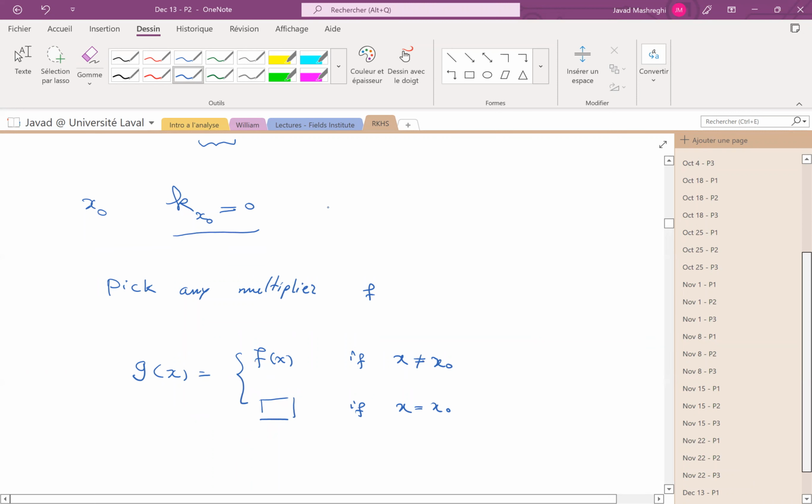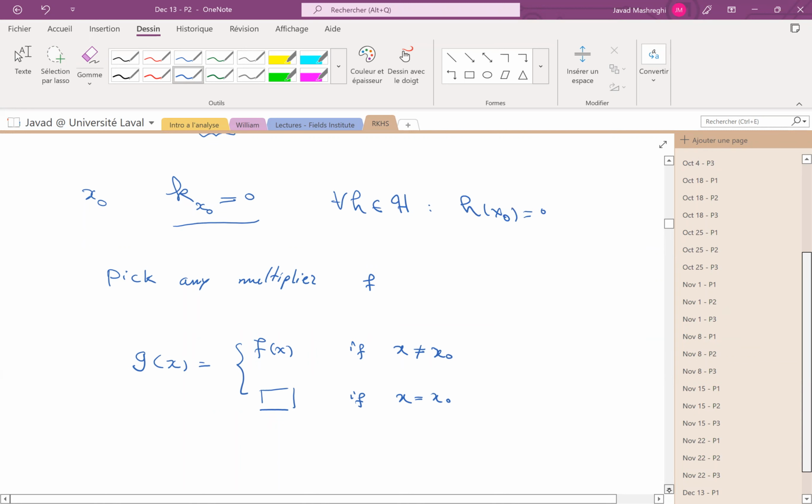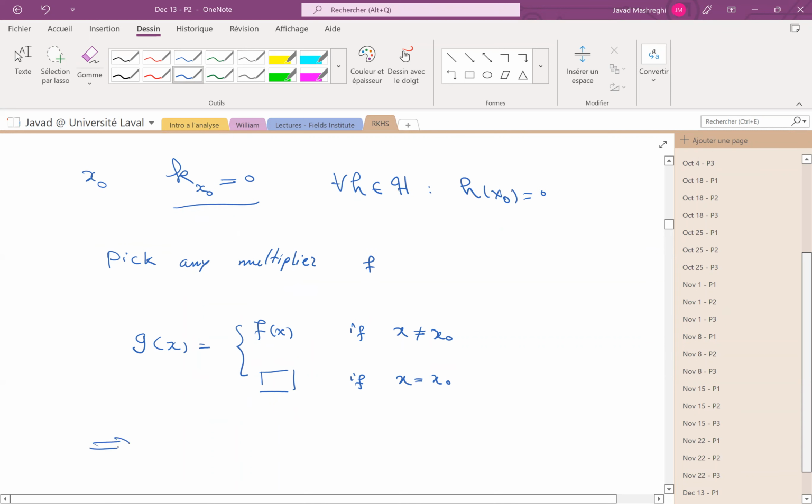because for any h in this space, h at point x0 is equal to 0. And therefore gh is the same as fh for all x. If x is not equal to x0, they are the same, and if x is equal to x0, then this is 0.